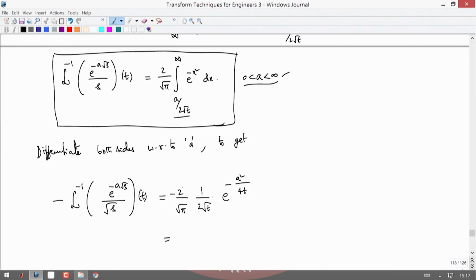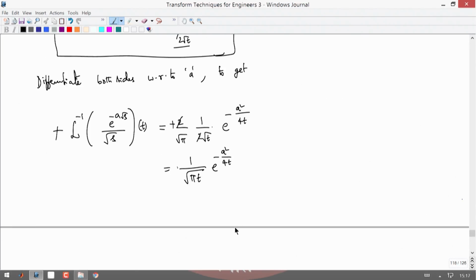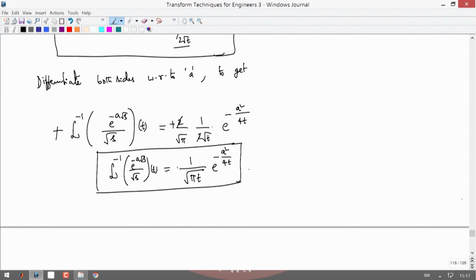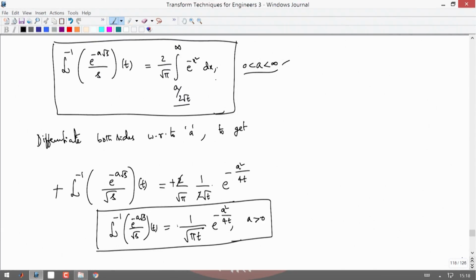If you simplify this, 2 goes, minus minus goes, and you have 1 by root pi t e power minus a square by 4 t. This is your Laplace inversion of e power minus a root s by root s. This is what you get as transform. So, you have a is positive. So, the same thing here. So, a is positive.